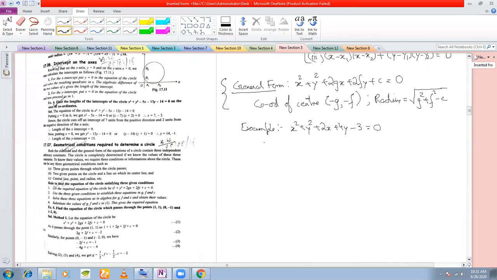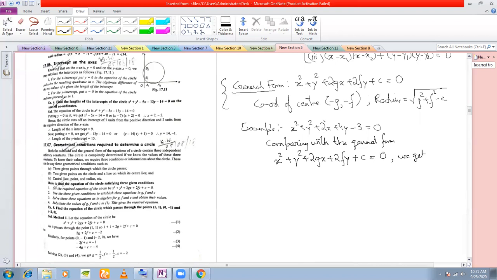Okay, and how do we get it? If you compare this with the general form, x square plus y square plus 2gx plus 2fy plus c equal to 0, what are we getting?